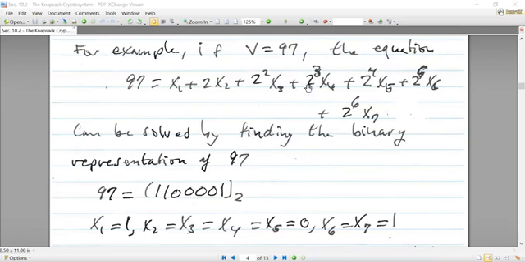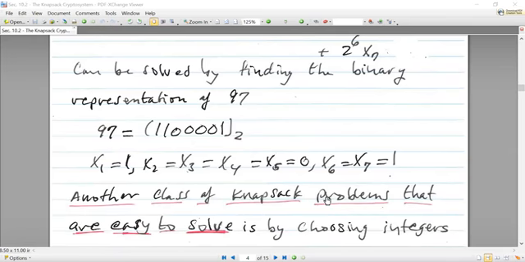Because you could think of it as actually the binary sum of powers of 2, and whenever a power is counted, we use the x associated with that power to be 1, and if it's missing, it means there should be a 0 in the binary representation of the number.